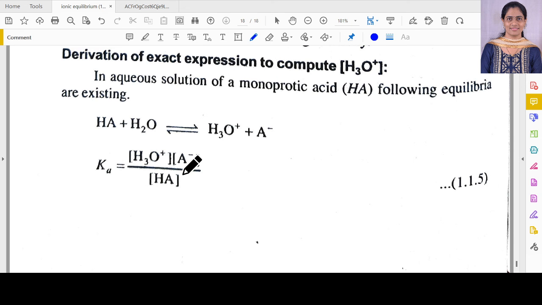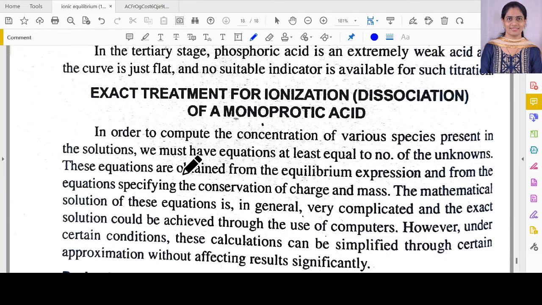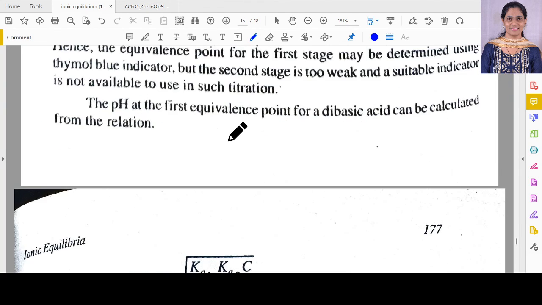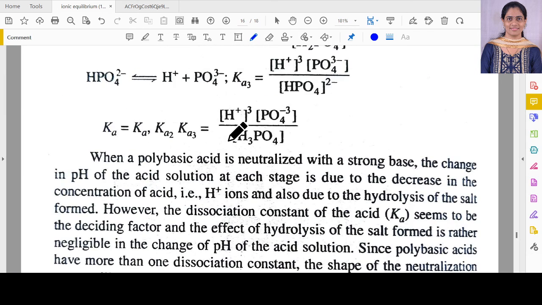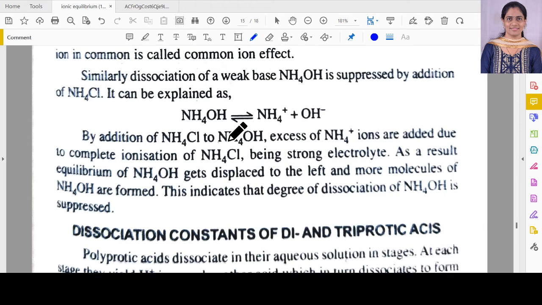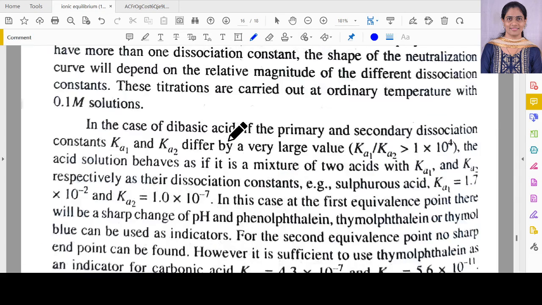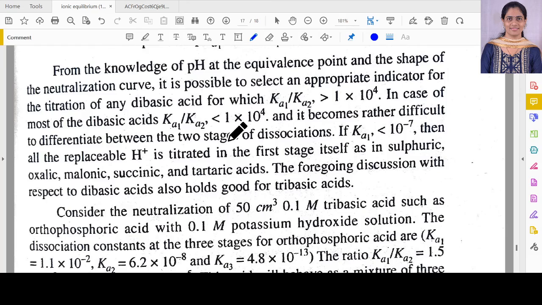Then we have seen that the pH value of a very dilute solution can be calculated by just taking.